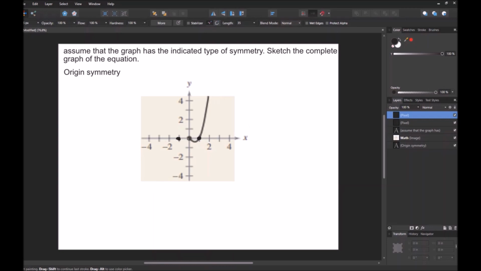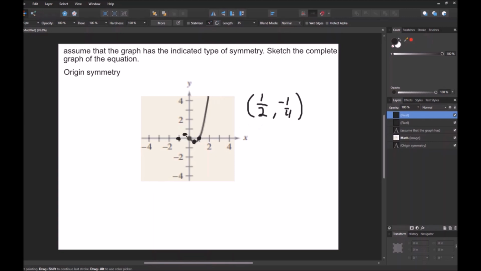Now, knowing that the origin symmetric point is always the opposite of the point that we're given, let's take this point for example. I'm just going to assume that that's positive 1/2 and negative 1/4. Its origin symmetric counterpart would be the opposite of this: negative 1/2 and positive 1/4.